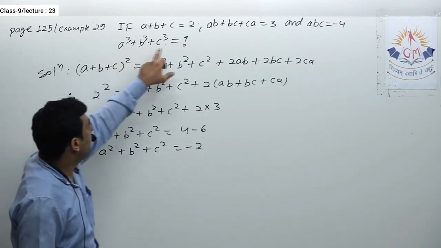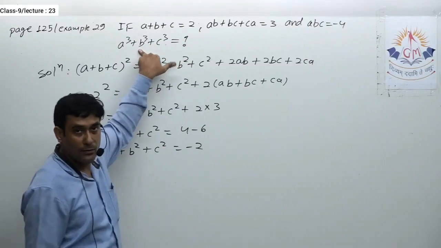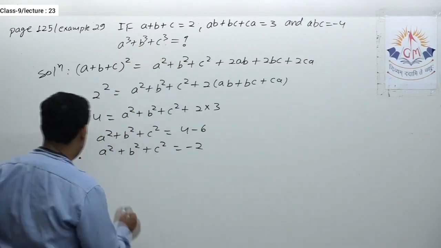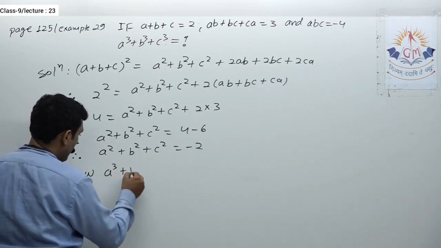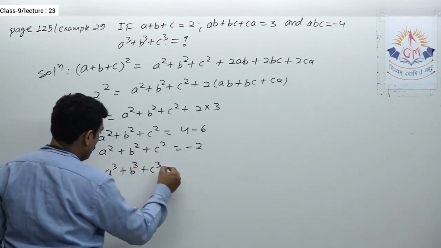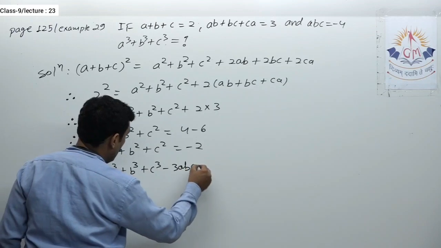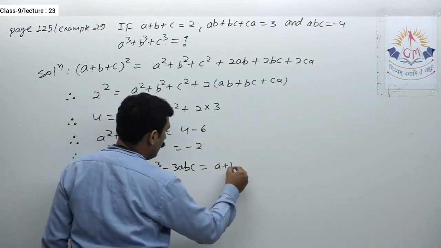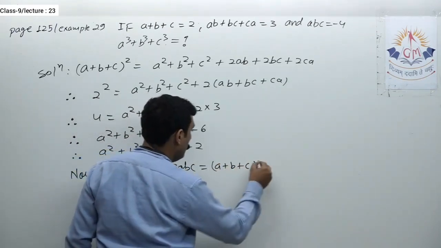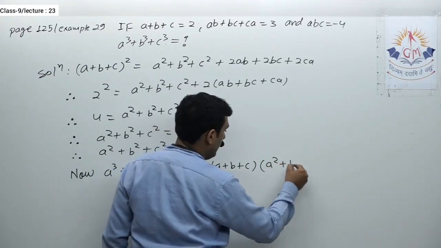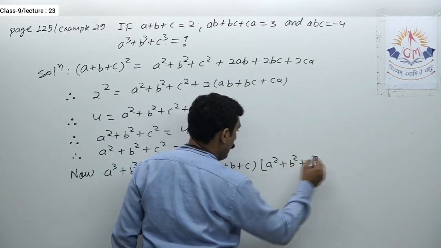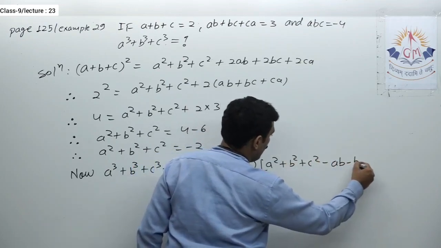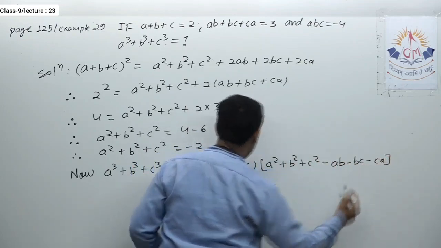Now I will apply this identity, a cube plus b cube plus c cube. So now a cube plus b cube plus c cube minus 3abc is equal to a plus b plus c, then a square plus b square plus c square minus ab minus bc minus ca.